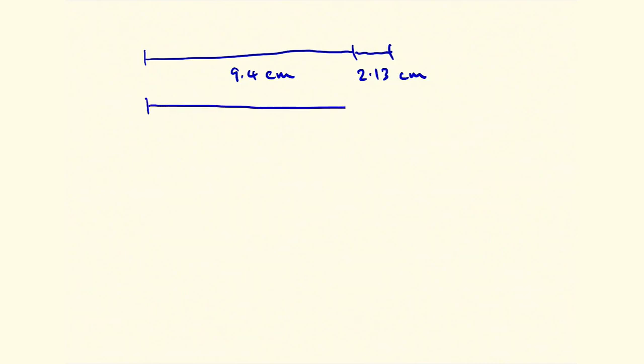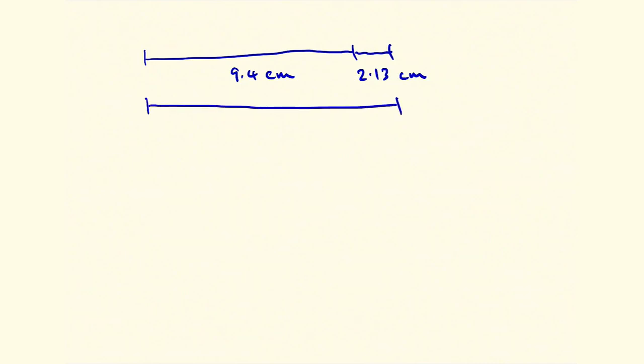Suppose I have a length, which I've measured correct to 1 decimal place, say 9.4 centimetres. Then I want to add to it another length, which I've measured carefully, this time to 2 decimal places, which is 2.13 centimetres. When I combine the 2 lengths, I have to add these 2 numbers together.